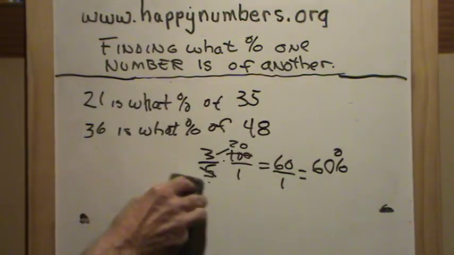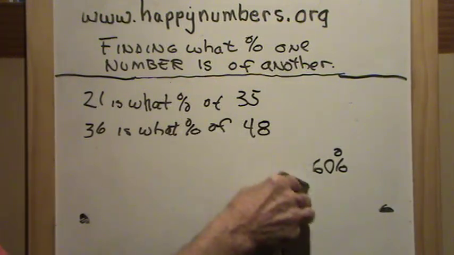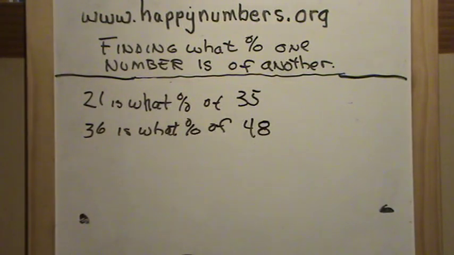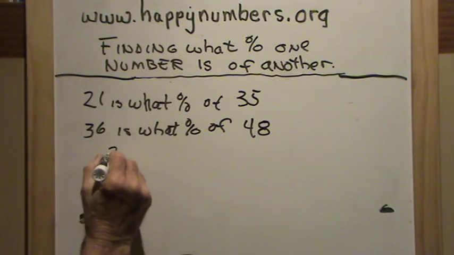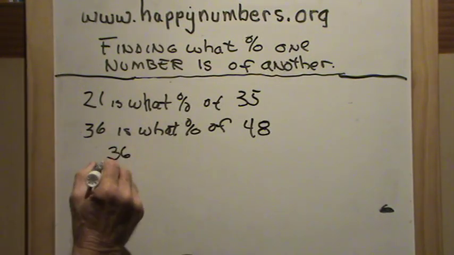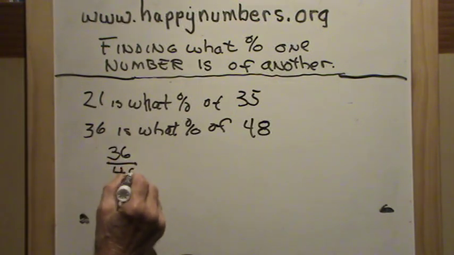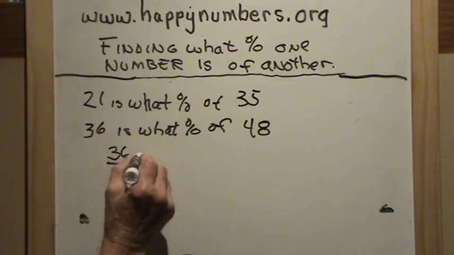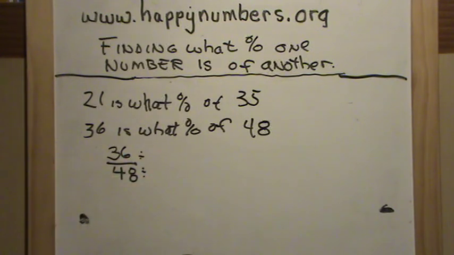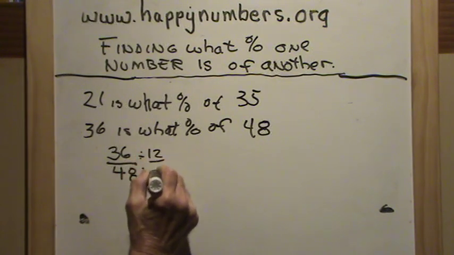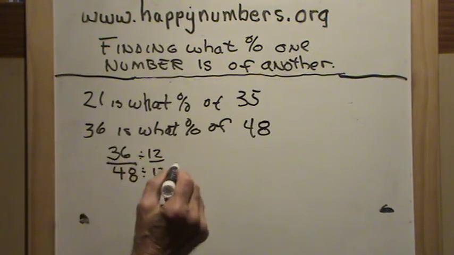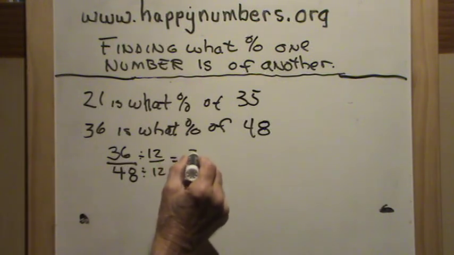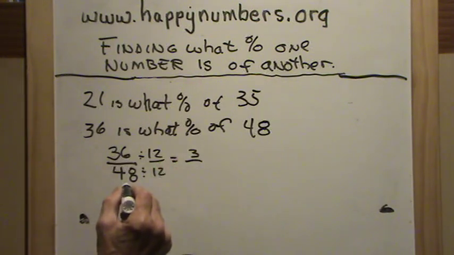Excellent. Let's take a look at the second problem. 36 is what percent of 48? Well, we put 36 over 48. And now we want to reduce this. So what can we use here? I think 12 would be the best. There are a lot of numbers we can use, but I think the biggest number is 12. So we'll divide both sides by 12. 12 goes into 36 3 times. 12 goes into 48 4 times.